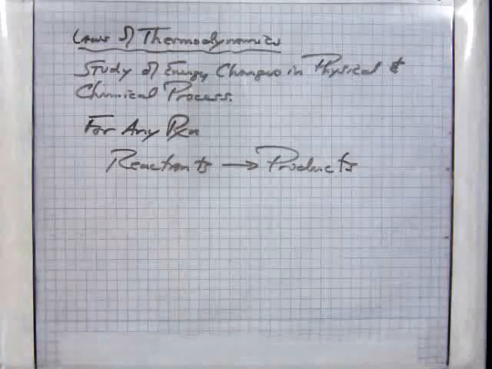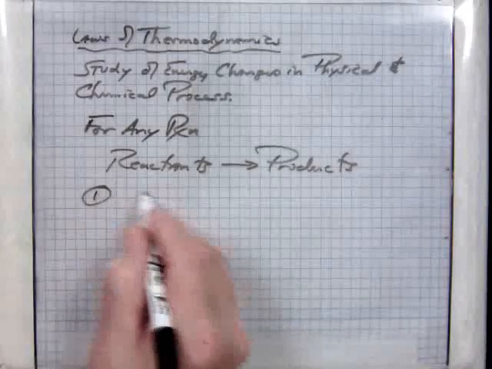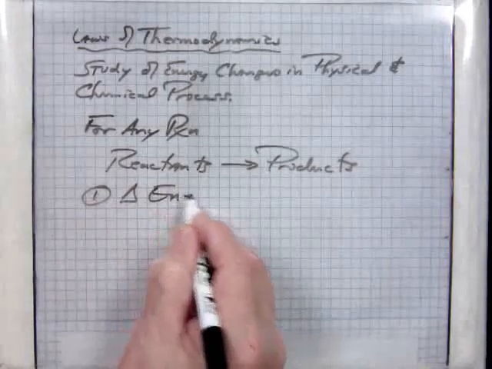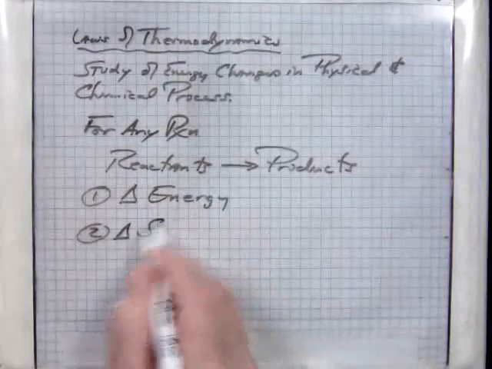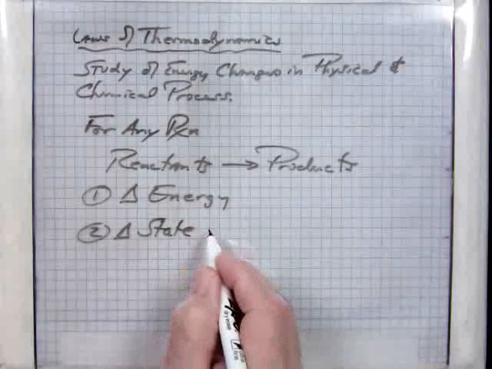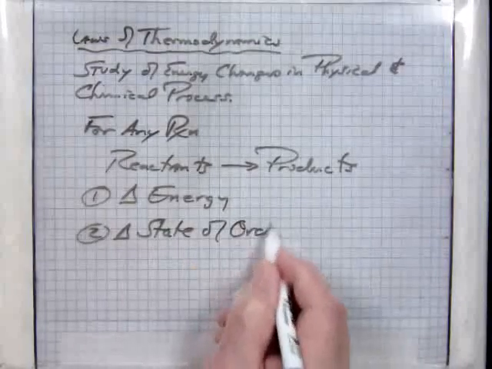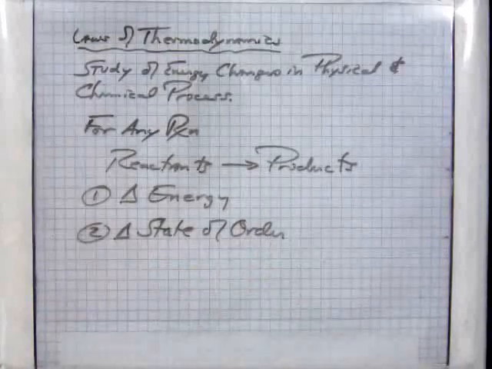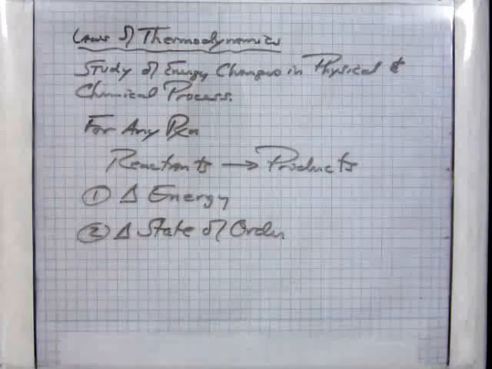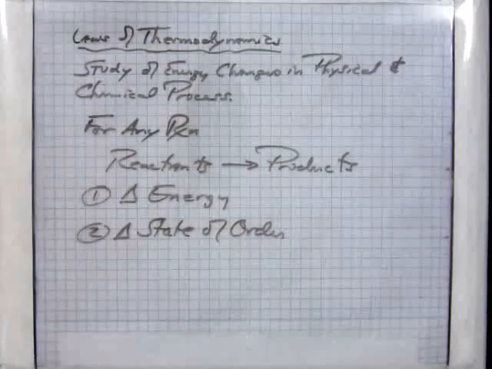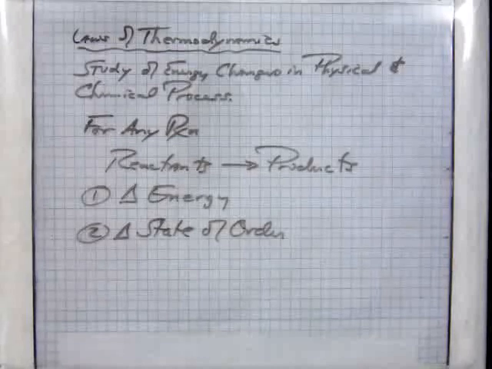A reaction must experience, one, a change in energy, and two, a change in state of order. Now, you can have a change in energy, but if you don't define the change in state of order, you really haven't defined the reaction process to its completion.